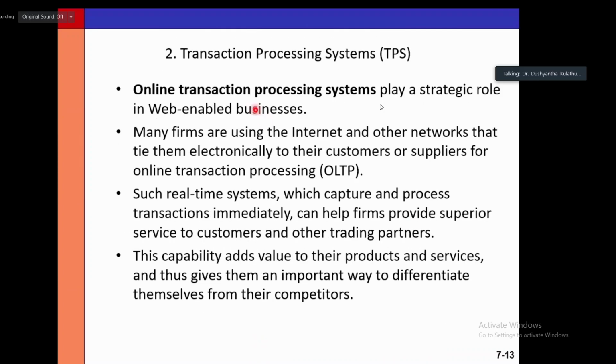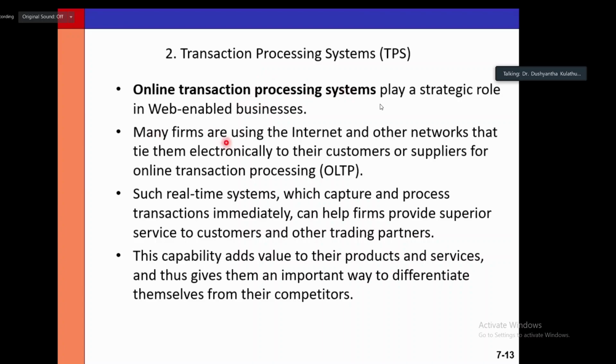Then we are going to identify a subcategory of transactions which can take place within an organization today. That is online transactions. Online transaction processing systems play a strategic role in web-enabled businesses. If it is a web-enabled business, these online transactions will be very critical, so the processing of online transactions will be essential for an organization.